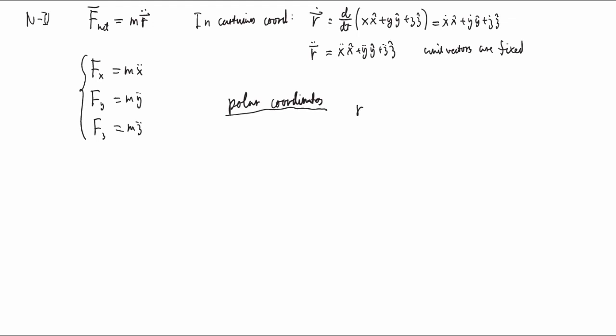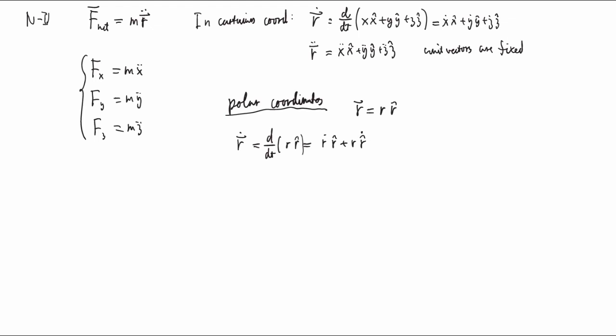In polar coordinates, we know that the position vector is just r r hat by definition. So if we now want to calculate in polar coordinates the velocity, that is d dt of r r hat. So that's going to be equal to r dot r hat plus r r hat dot.